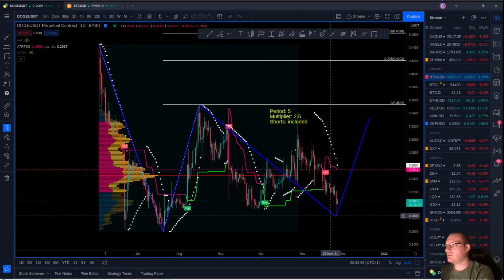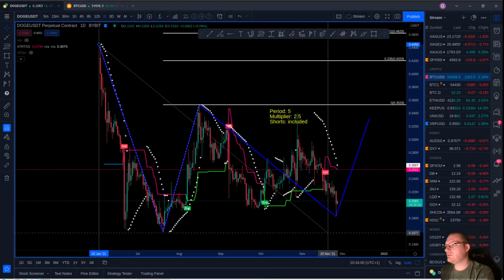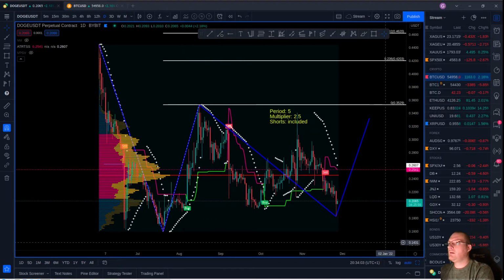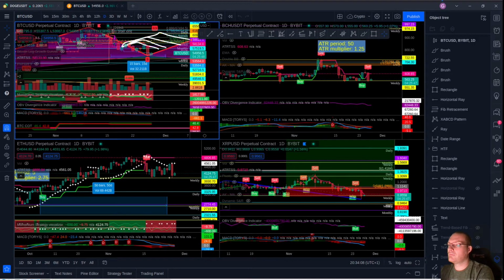Let's see the volume. Let's extend this one. Then we have the other one. Let's see XRP.